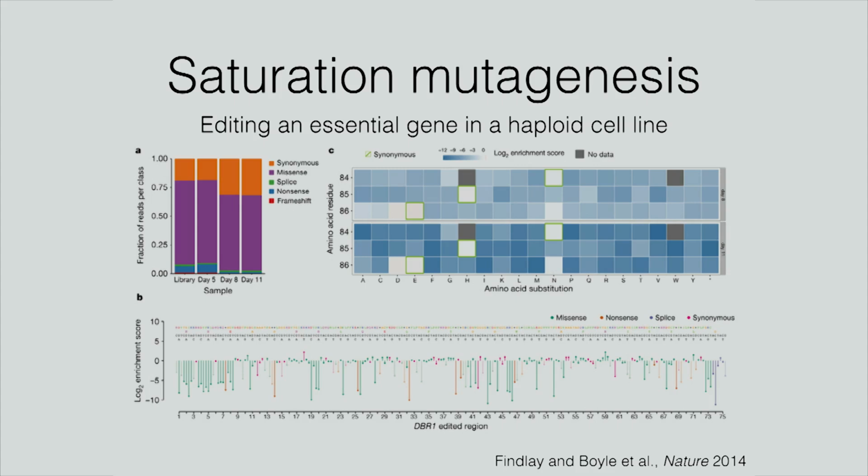Their library is designed with some synonymous mutations, some missense mutations, and nonsense ones. And if you introduce them into an essential gene in a haploid cell line, just to make their lives easier, you start enriching for both synonymous and missense mutations, and you get almost completely no nonsense mutations at the end of growing this population.